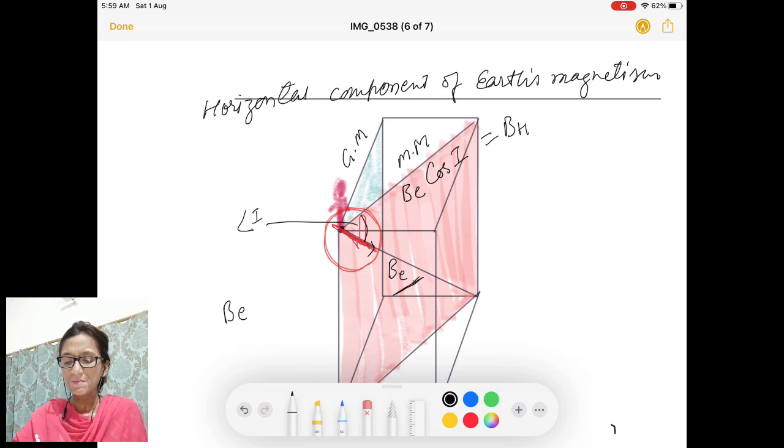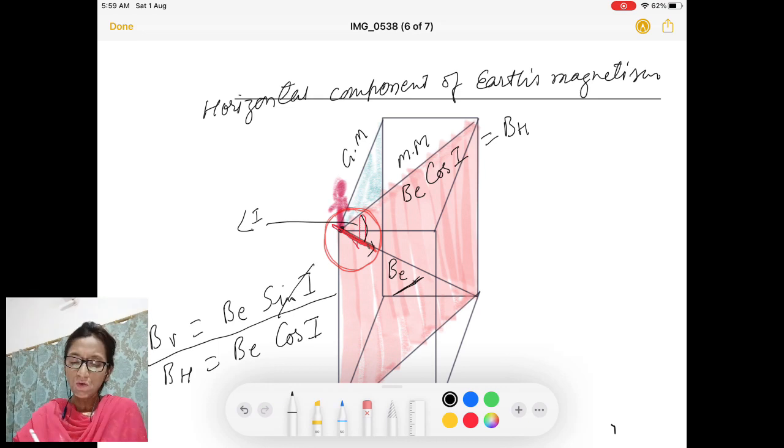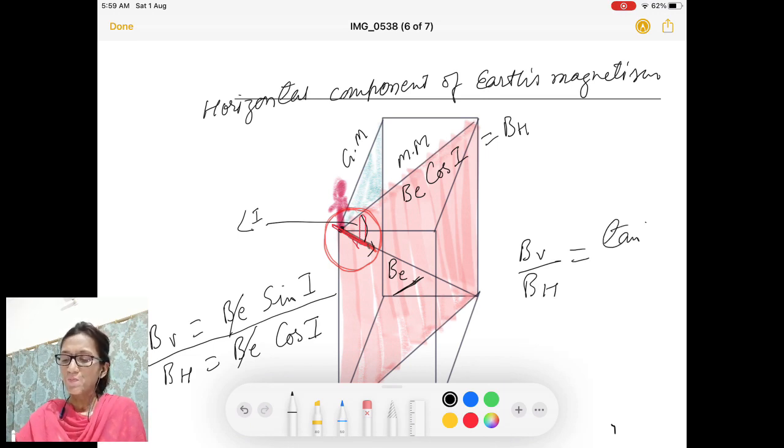Its component along the vertical direction is BE sin I. So the magnetic field along the vertical direction is BE sin I, and along the horizontal direction is BE cos I. Now when you divide the two, you will find that BV upon BH is equal to tan of the angle of inclination, and therefore BH tan I is equal to BV.